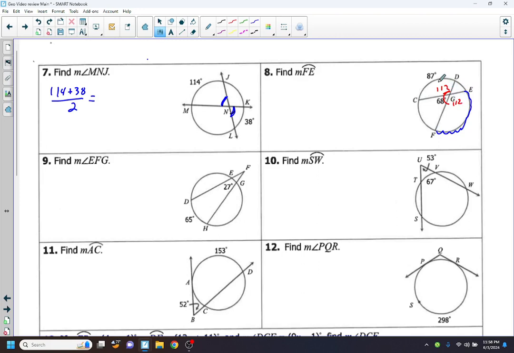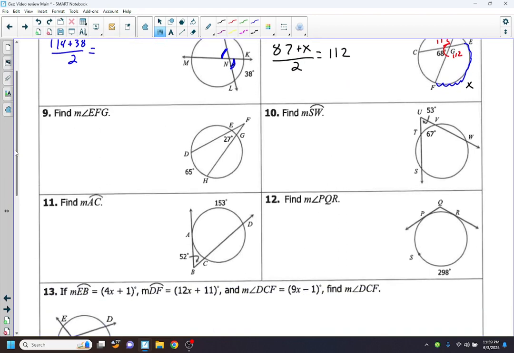And because this 112 is in between the two arcs, it's the average of the two arcs. So 87 plus, I don't know what this is, so I'll call it x, over 2 equals 112. You set it up like that, solve the answer.